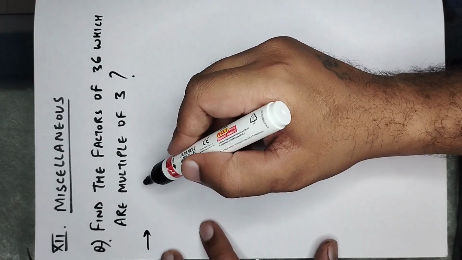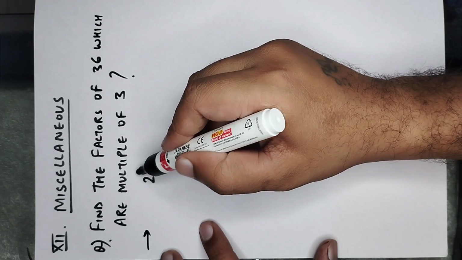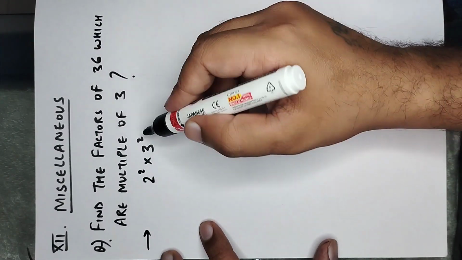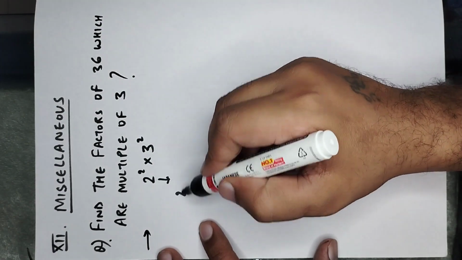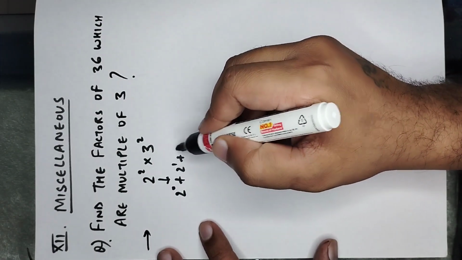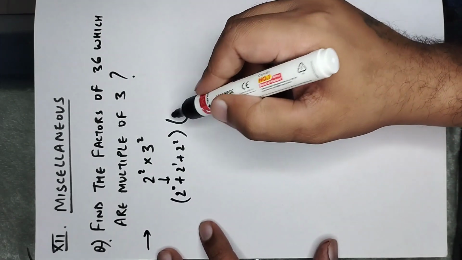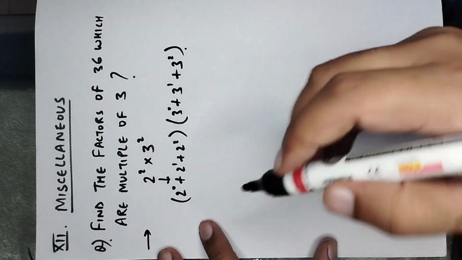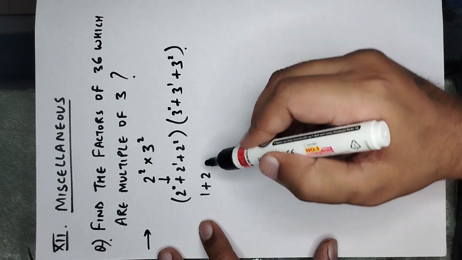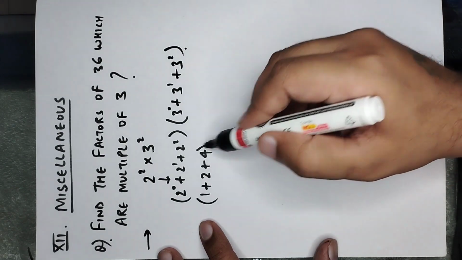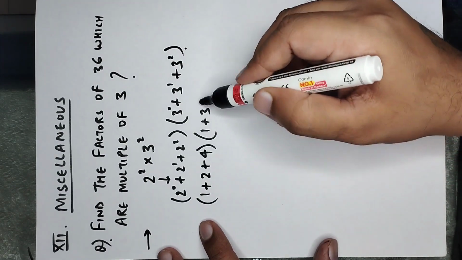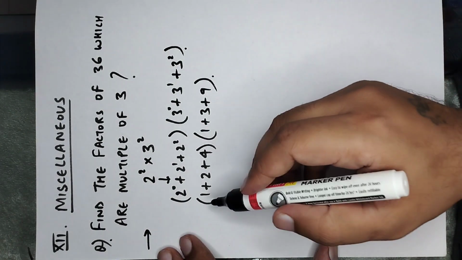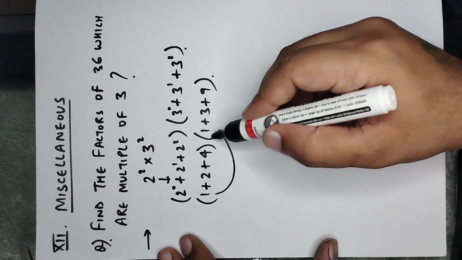36 can be written as 2 square multiplied by 3 square. Now expanding again these numbers. Now if I multiply all of them, I am multiplying this one with all these factors.